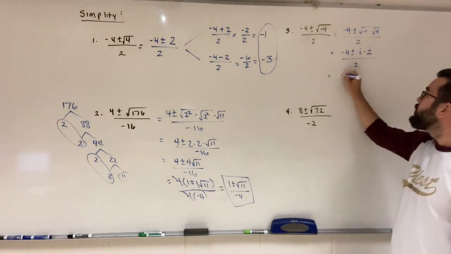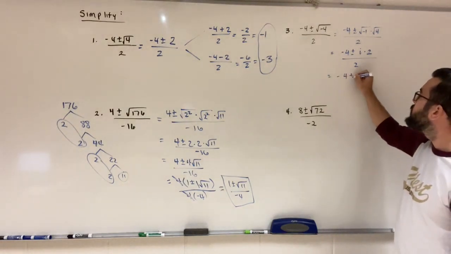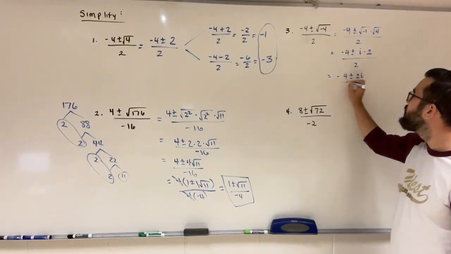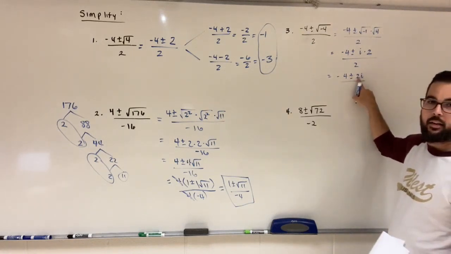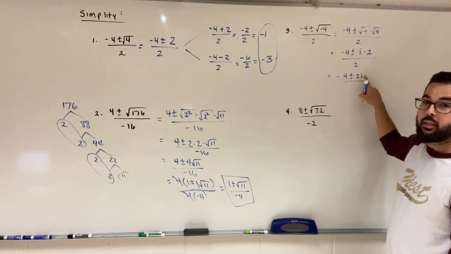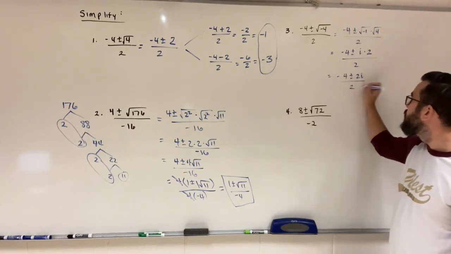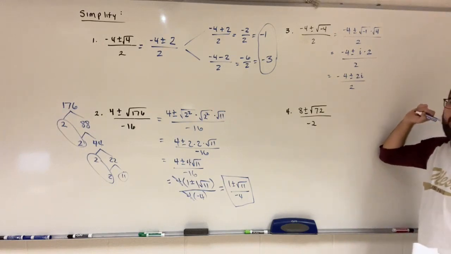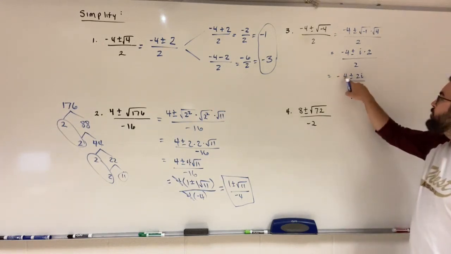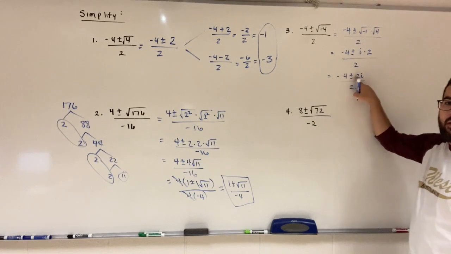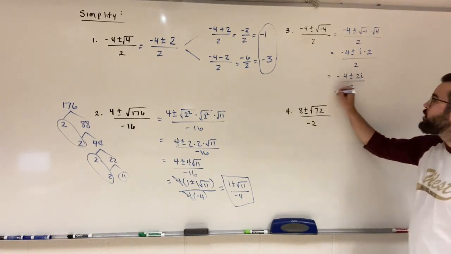So then we have negative 4 plus or minus 2i. We normally write the real number in front of the i. That's just a stylistic thing. Okay, we still have divided by 2. Now we look to see if there's a common factor in negative 4, 2i, and 2.